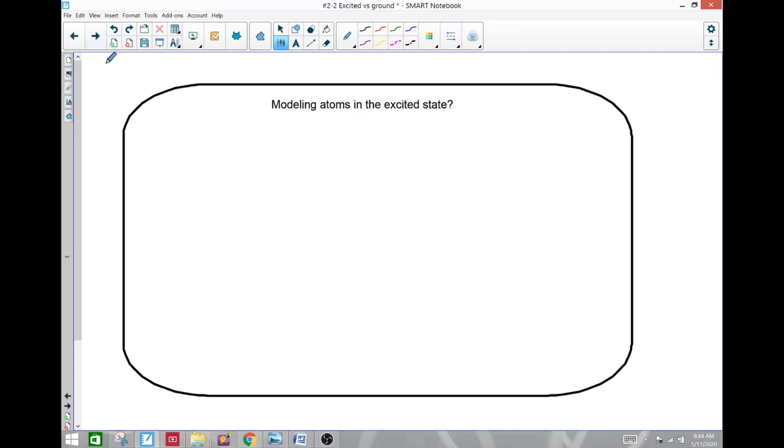Okay, so modeling these. Really, there's only two ways that we might model it. It would be in electron configuration, which of course is very closely related to an orbital diagram. Of course, you can interchange those if you want, and maybe a Bohr diagram.